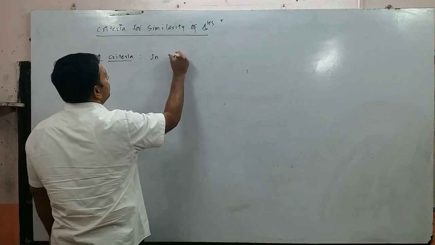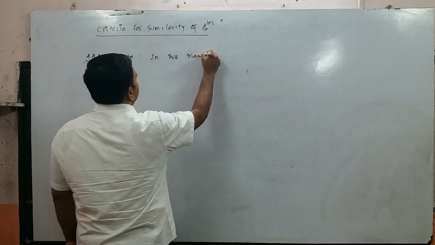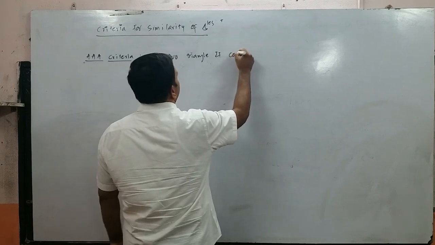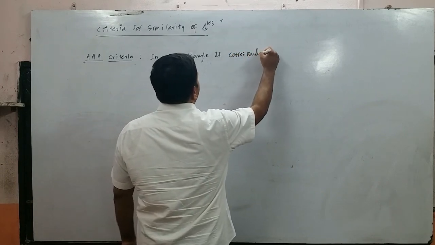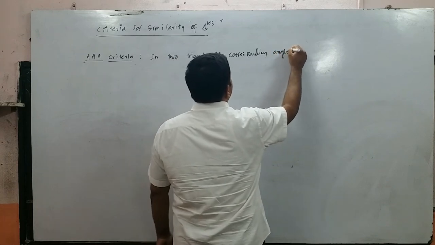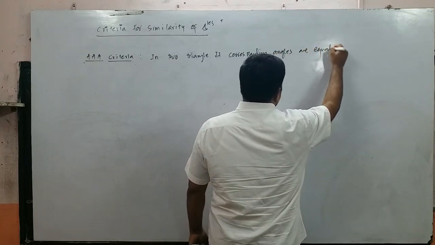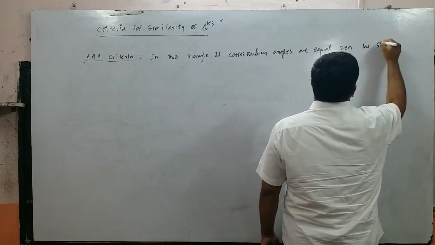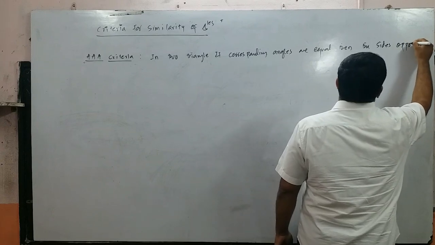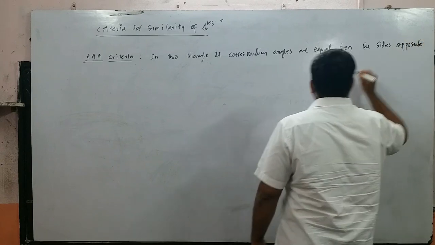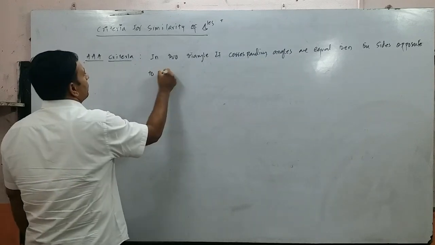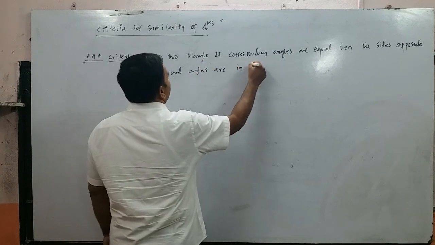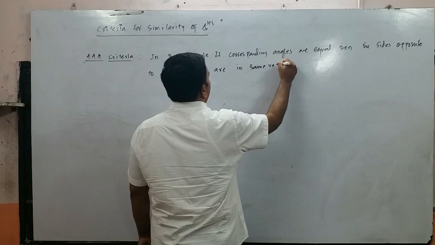In two triangles, if corresponding angles are equal, then the sides opposite to equal angles are in same ratio.